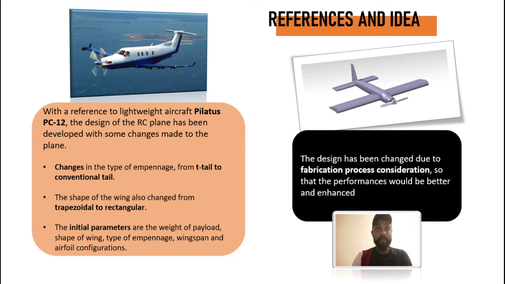Also, the wing was changed from trapezoidal to rectangular, along with the initial parameters of the weight of payload, shape of the wing, type of empennage, wingspan, and also the airfoil configurations. In the second picture, you can see the final conceptual design for our project, where the design has been changed so that the performance would be better and enhanced.